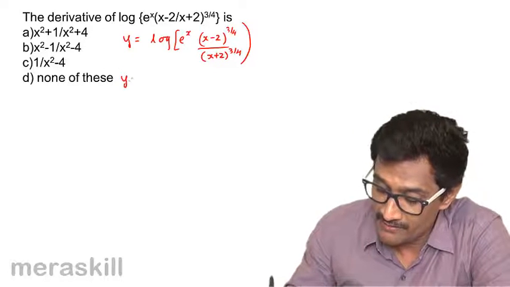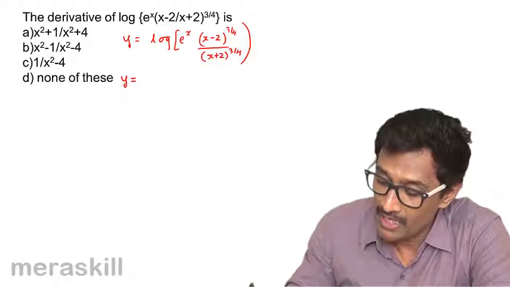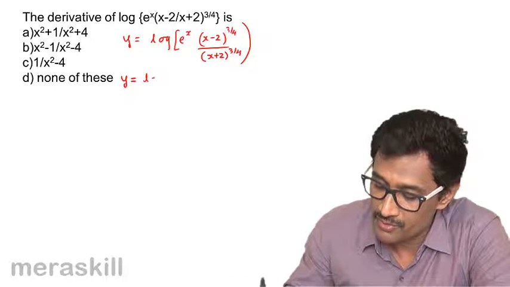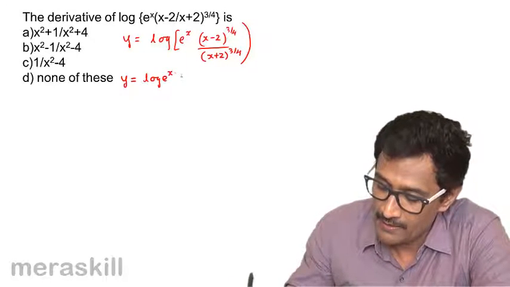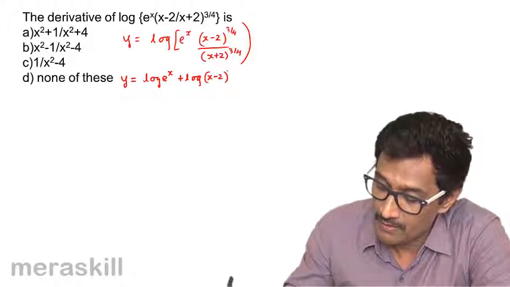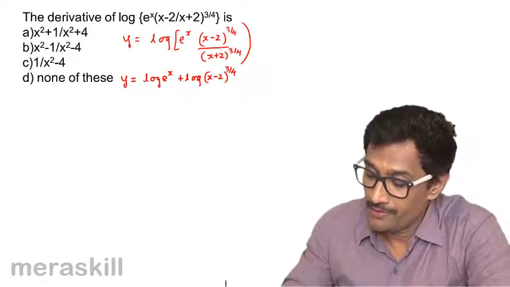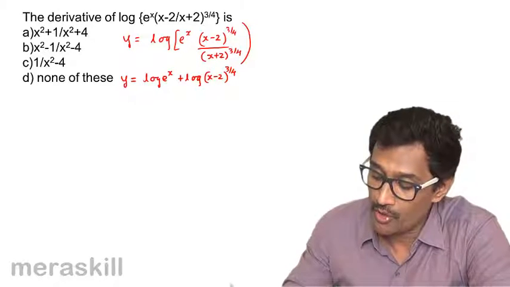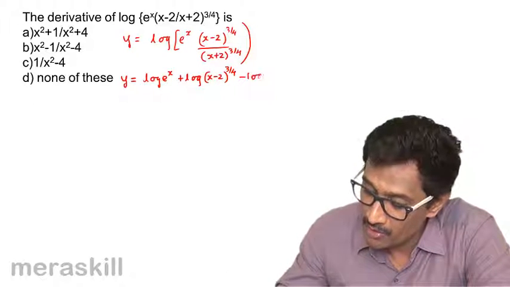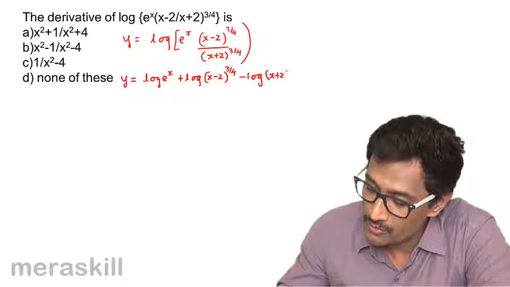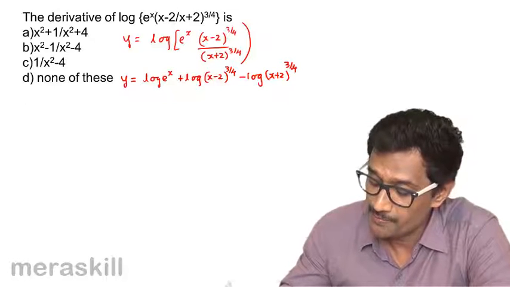So eventually y will turn out to be log a into b, which is going to be log a plus log b. But log a by b is also log a minus log b. So this will give you log x plus 2 raised to 3 by 4.